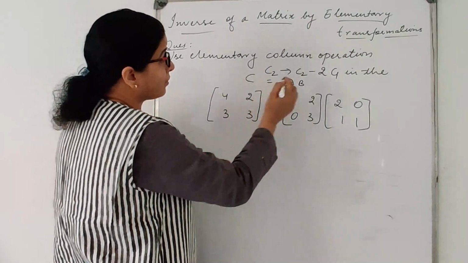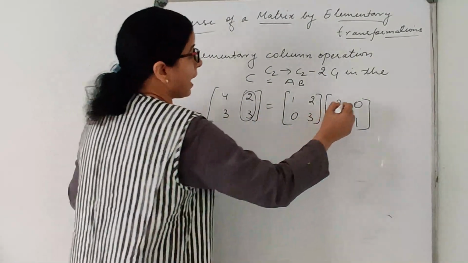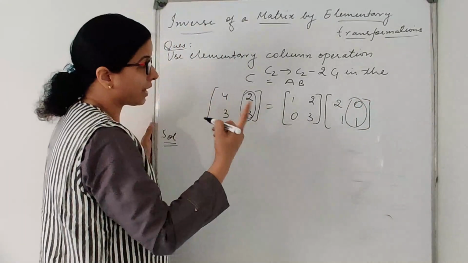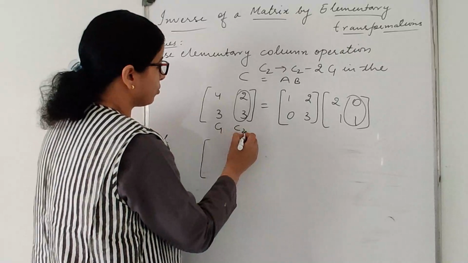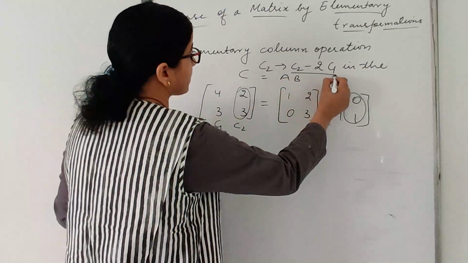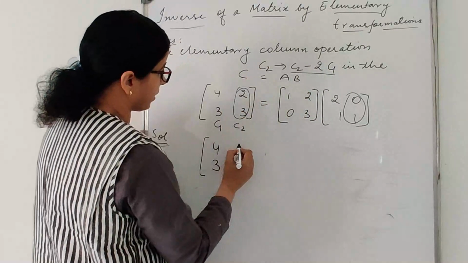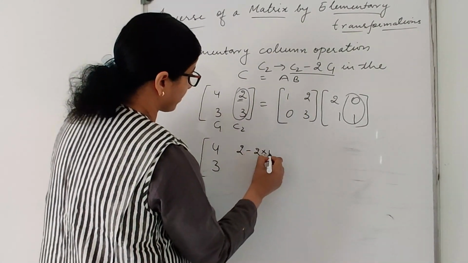Okay, so we have C2 minus 2 C1. This is my C2, right? And here this is my C2. So, there will be the change. This is my column 1, column 2. Column 1 will be copied as it is. And I have to apply C2 minus 2 C1. So, the first element of C2 is 2 minus 2 into the first element of C1. Clear?